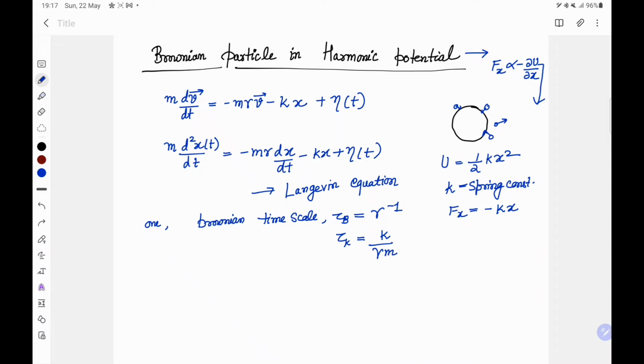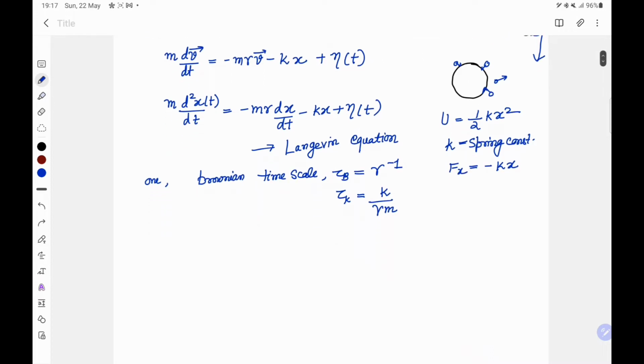Now just to have an idea of the order of this time scale: this m gamma is actually coming from the fluid viscosity, 6 pi eta a.